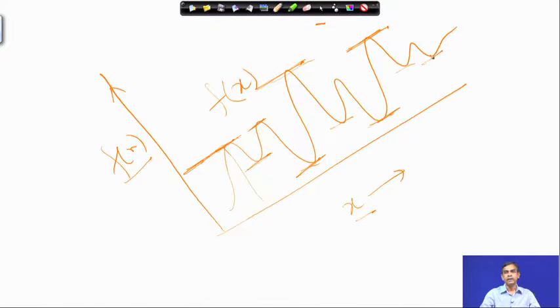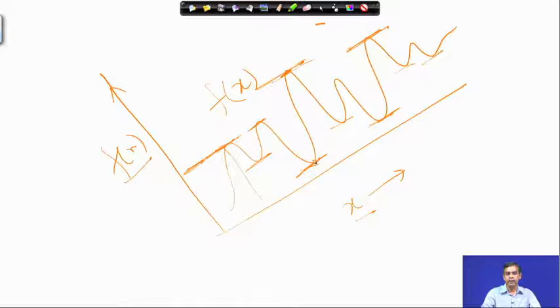Now, out of these many maxima, there is one value called the global maxima, the maximum of all the maxima values. Similarly, there are local maxima and local minima, and the global minima is the minimum of all the minima values. So, the concept is local maxima or local minima, and global maxima or global minima.